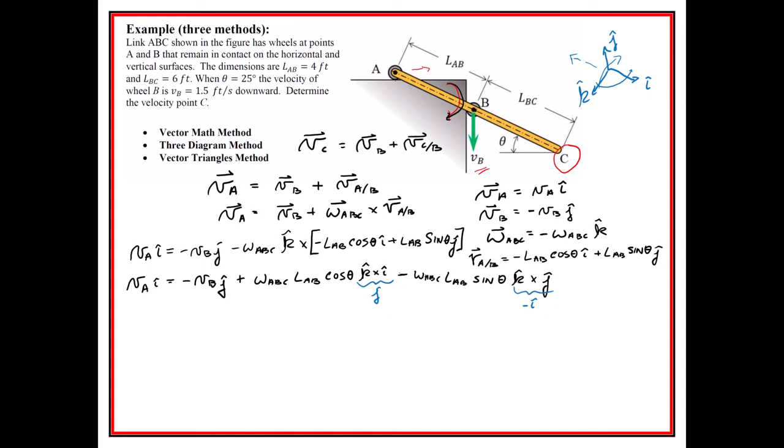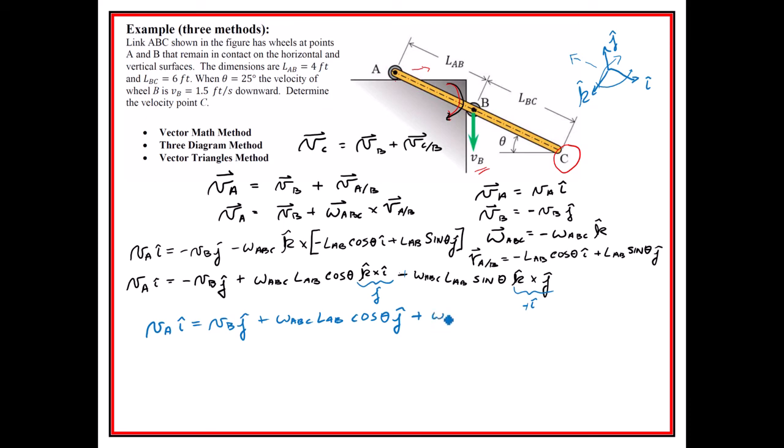So grouping these all together, rewriting it out again, a little unnecessary. We get plus omega ABC LAB cosine theta J minus, well, actually it's plus because there's a minus right there, right?